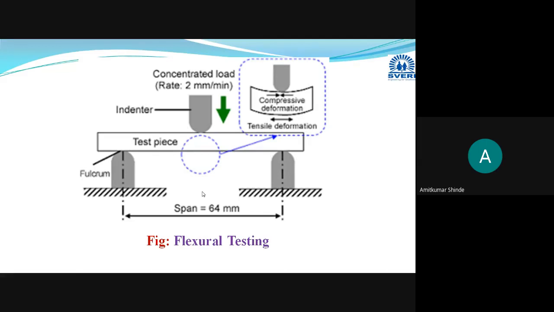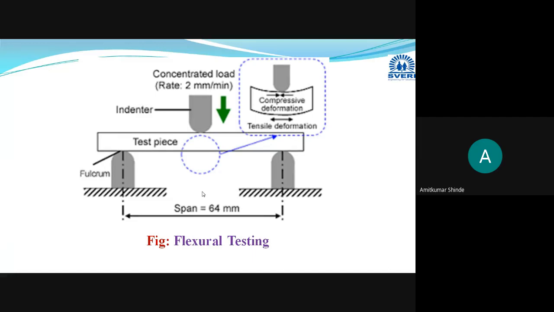Under this flexural testing we are going to determine the flexural strength of that material, and that flexural strength is nothing but the maximum amount of stress that can be carried by that material at the outer fiber before the crack occurs, or the failure of that plastic material occurs. So this is the flexural testing.